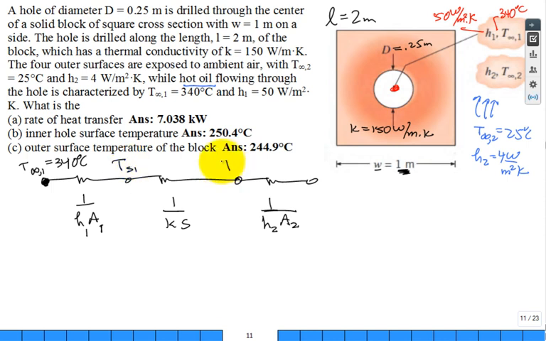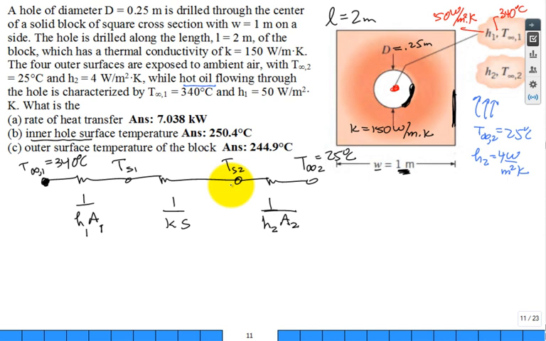And this is T surface 2, and then this is T infinity 2, which was 25 degrees C. We don't know the temperature right here or right there. Actually, the inner hole temperature is part B, that's going to be our TS1, and our outer surface temperature of the block is TS2. So those are going to be solved for in part B and part C.